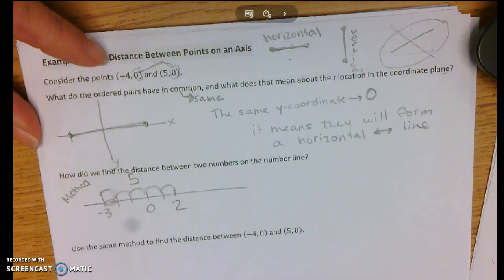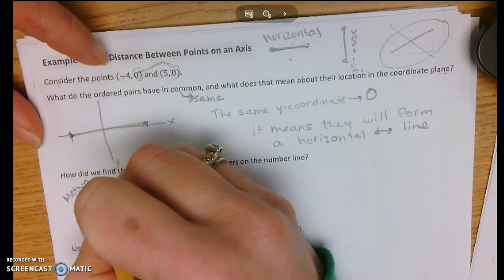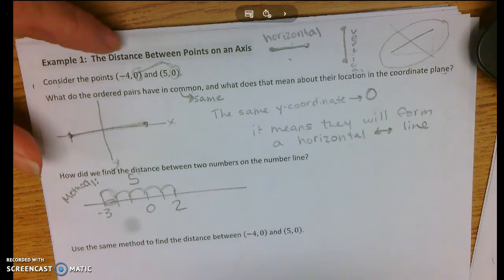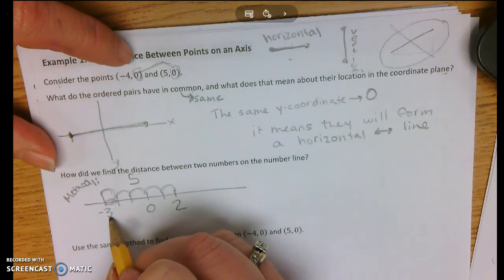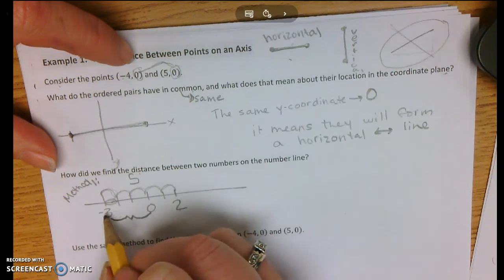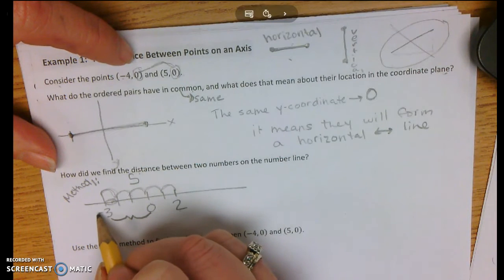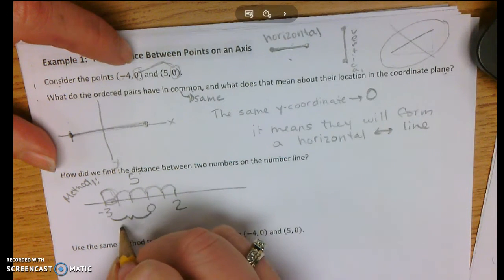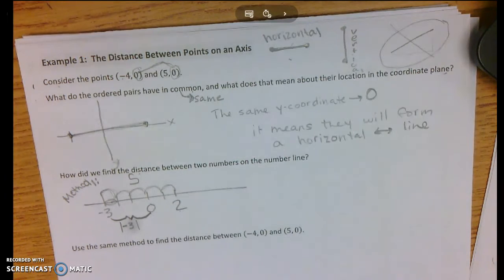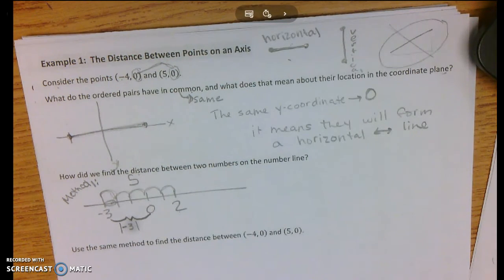The other method is a little more complicated, but it uses a little more math and can be a little more efficient if you are doing bigger numbers. So the other method would be to find the absolute value of both of those numbers. From -3 to 0, the distance is -3, but we want the absolute value because we don't care that it's to the left of the 0 or to the right of the 0.